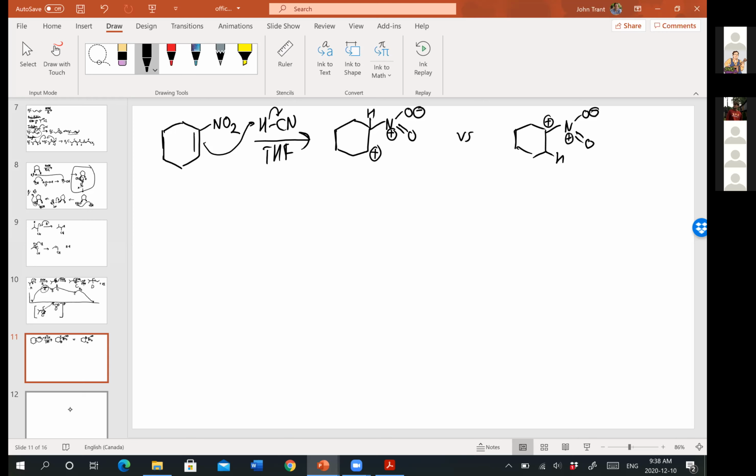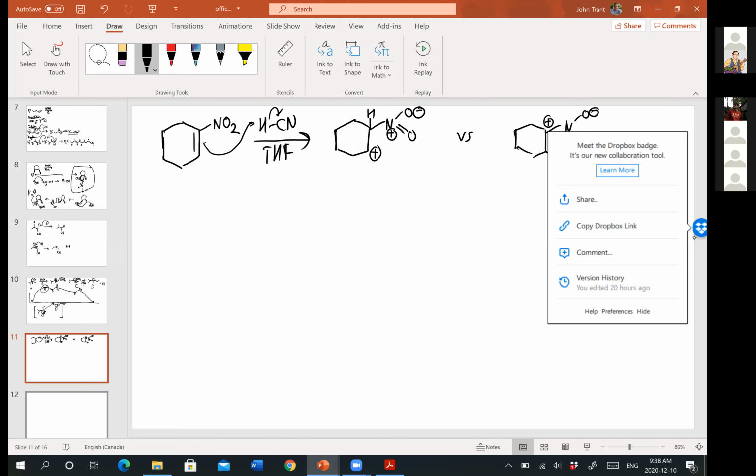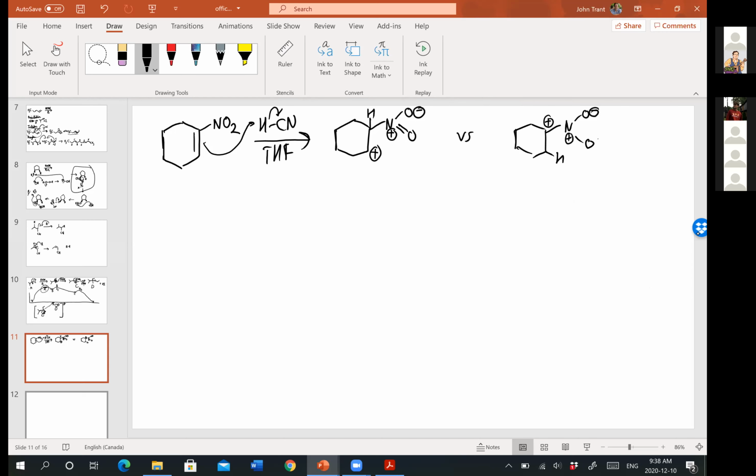The only other resonance structure you can draw for the nitro group is really bad, where you have a double positive on a nitrogen, which is really, really awful. So nitrogen sticks with the double bond oxygen. What that means is putting a positive next to a positive is a bad idea.